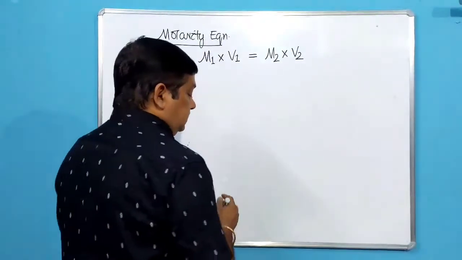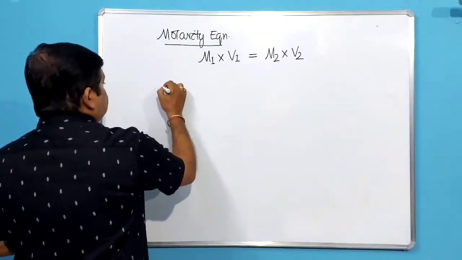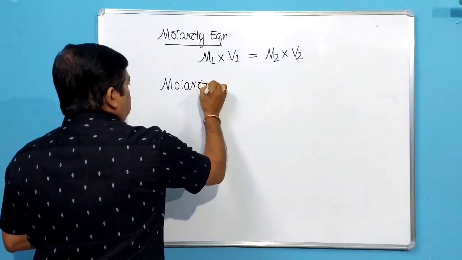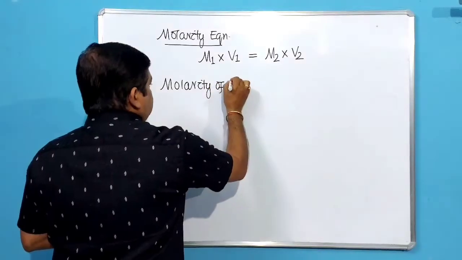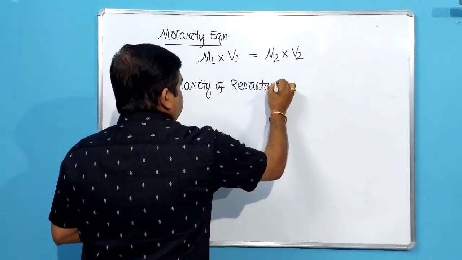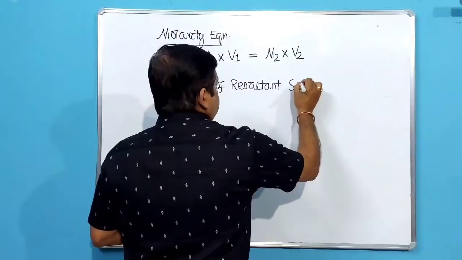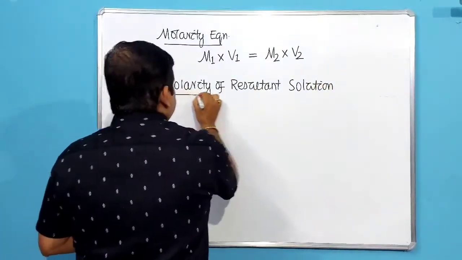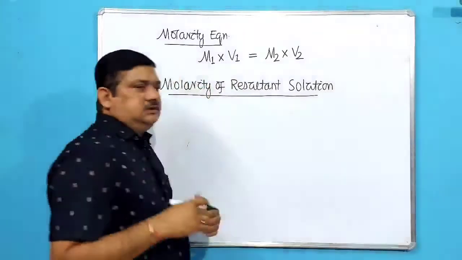Next, I told you the molarity of the resultant solution. How do we calculate the molarity of the resultant solution? What do you mean by resultant solution?